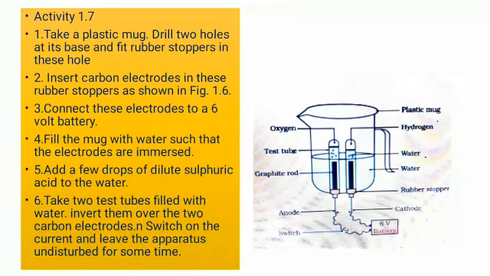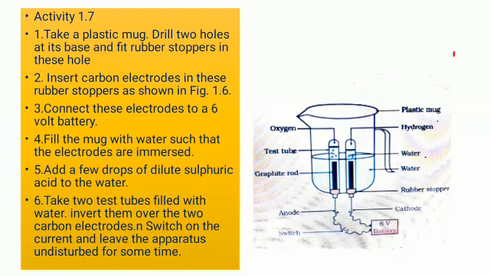In the next activity 1.7, it is electrolytic decomposition, which means we electrolyze water into its constituent elements, oxygen and hydrogen, with the help of electricity. What conclusion do we get here?